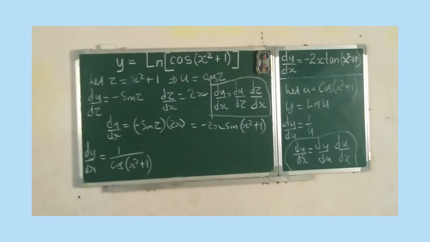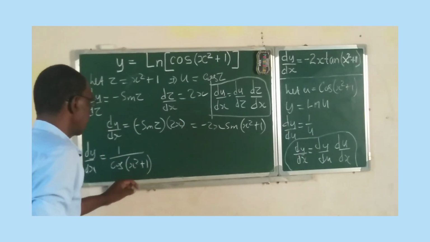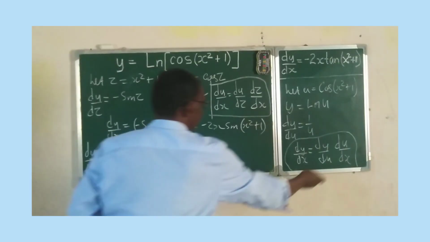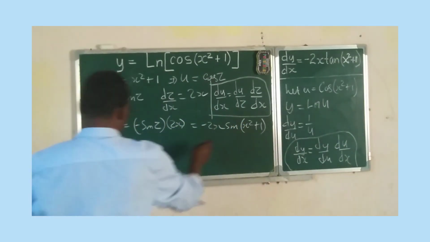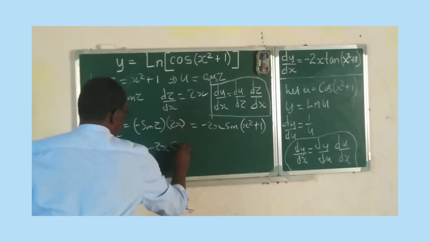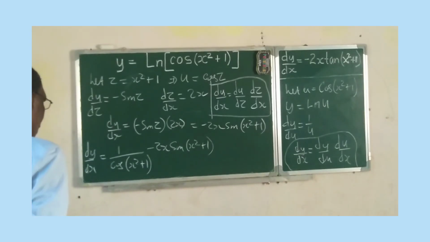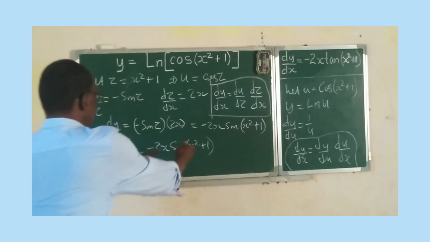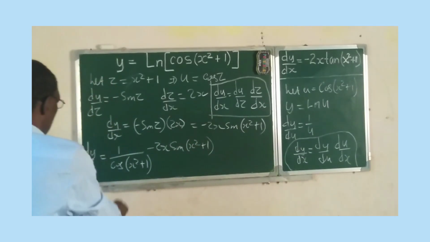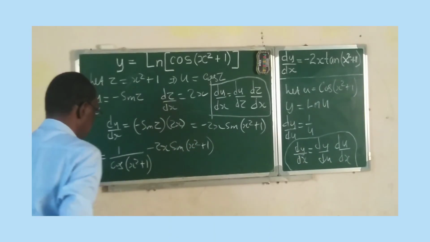Okay, so 1 over cosine of x squared plus 1 multiplied by our du/dx, which we said is minus 2x sine of x squared plus 1. But sine of x squared plus 1 over cosine of x squared plus 1 is equal to tan of x squared plus 1.